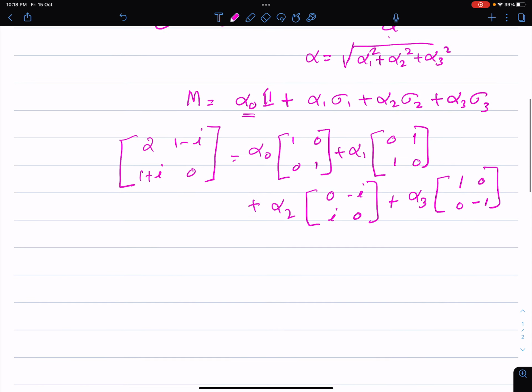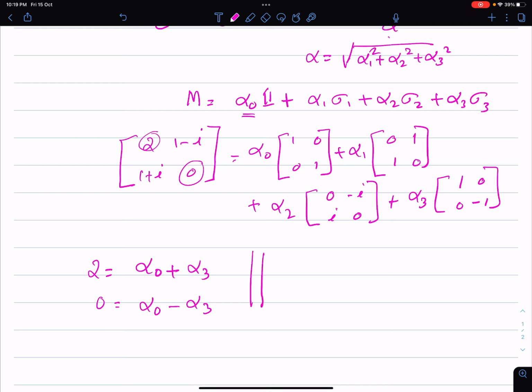Here you can see that you can equate each element. I am equating the diagonal elements initially. 2 is equal to alpha 0 plus alpha 3, and 0 is equal to alpha 0 minus alpha 3.